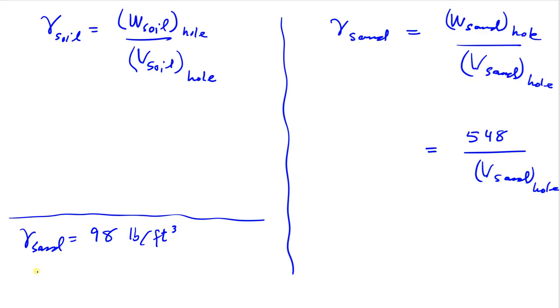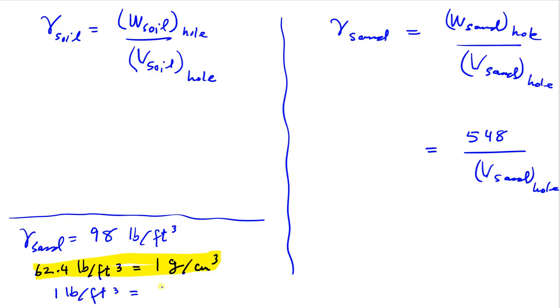This is the conversion unit. We know that the unit weight of water is 62.4 pounds per cubic foot, and this is also equal to 1 gram per centimeter cube. This is actually the relationship to convert. It means 1 pound per cubic foot is equal to 1 over 62.4 grams per centimeter cube.